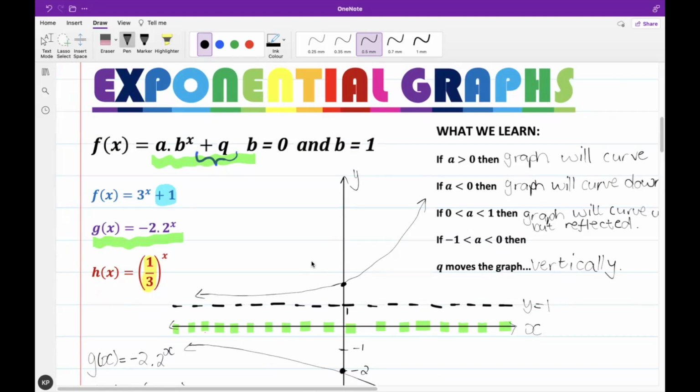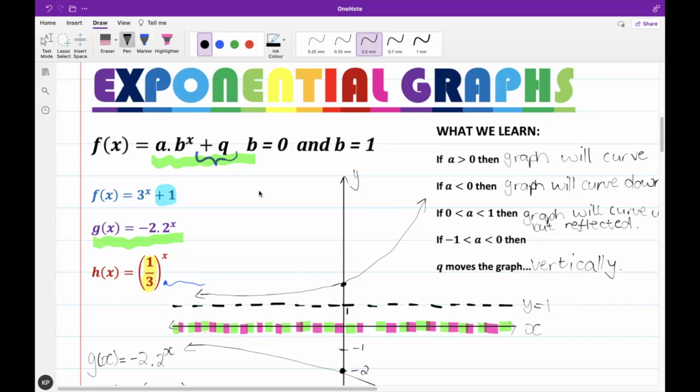It didn't, because we do not have a Q value. If you look here, there is no +1 or minus something. So this asymptote is still at, okay, I'm going to try and draw it in between now, and you must just remember which asymptote was referring to what.